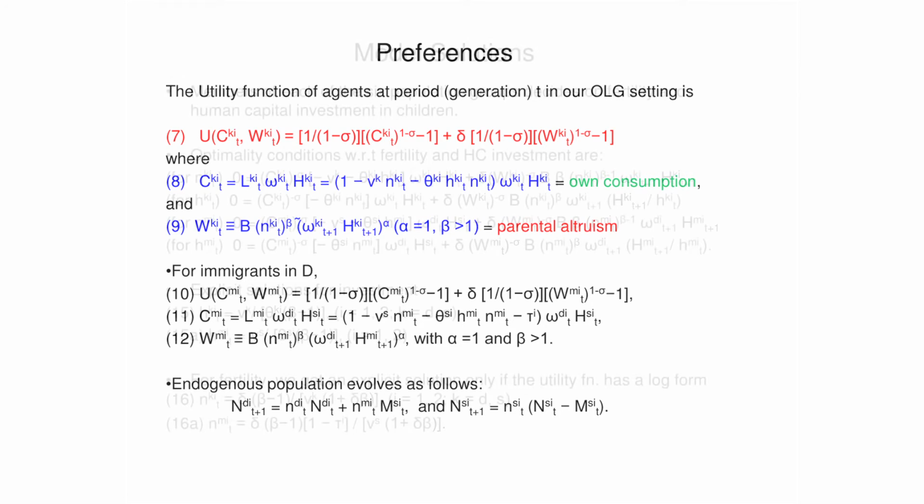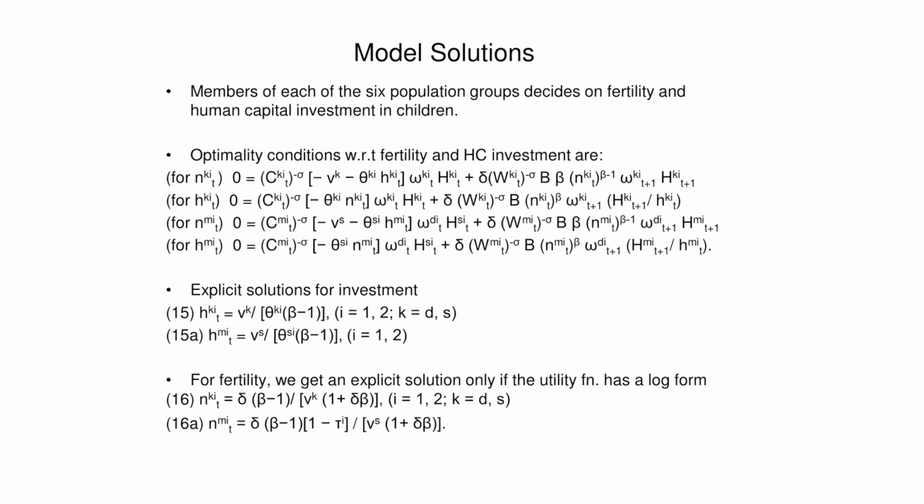So we go through model solutions that I don't want to dwell on very much, except to say that in this particular structure, investment in human capital has an explicit solution, regardless of the type of utility function that we're working with. This is not true for fertility. We cannot get an explicit solution for fertility here.